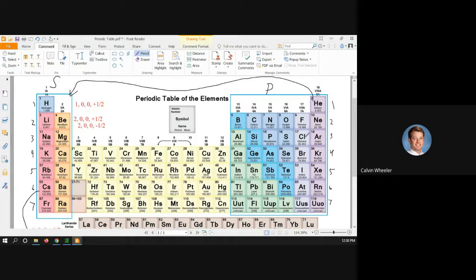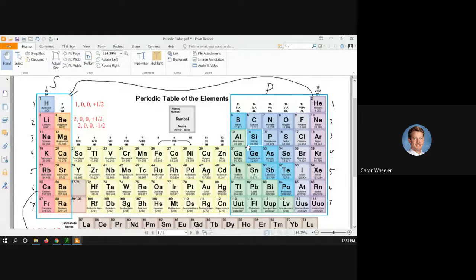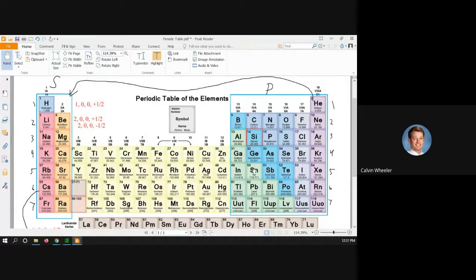The second quantum number is the shape, remember. We're in the P block. So let's take a look specifically at silicon.